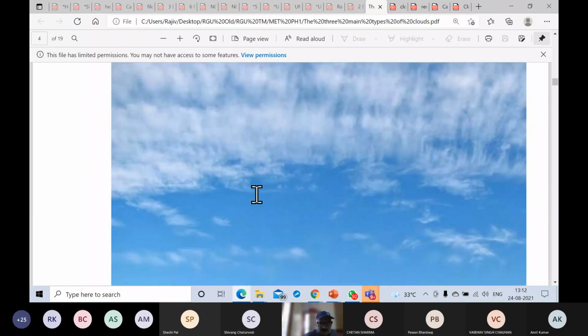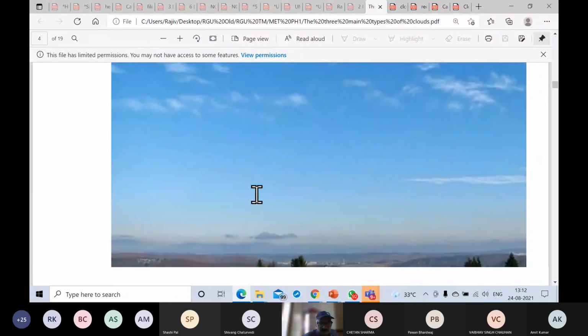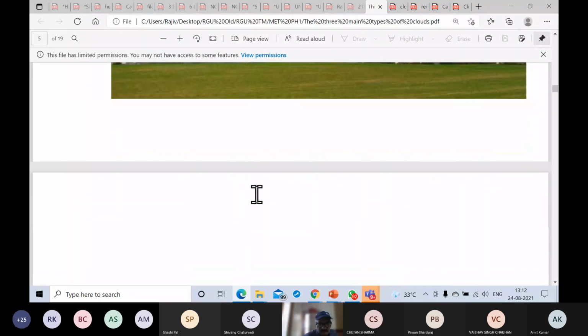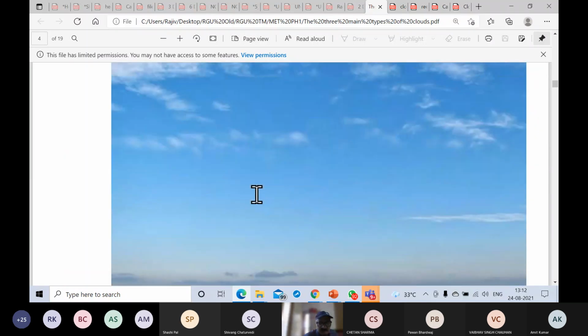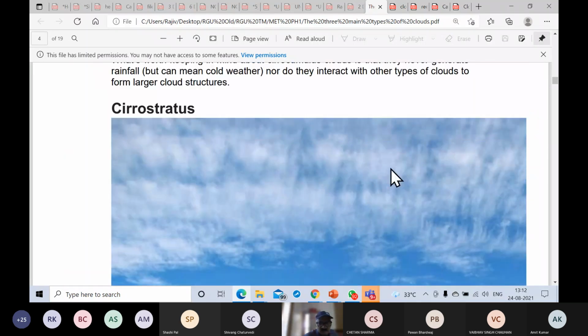This is a structure of cirrostratus. This has appearance like a blanket. This one, cirrostratus.